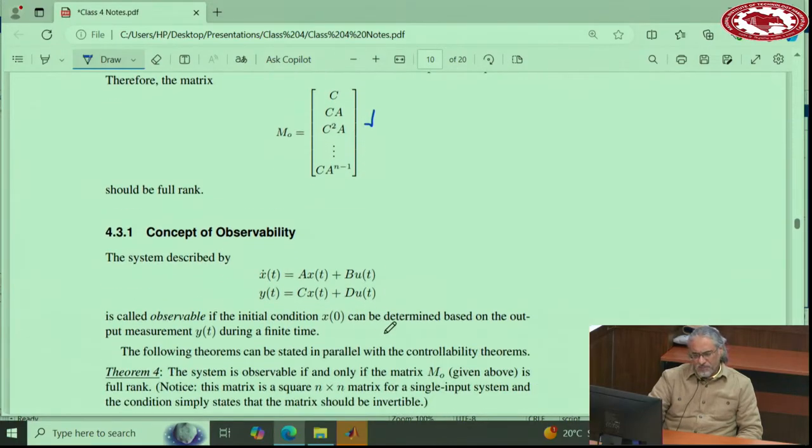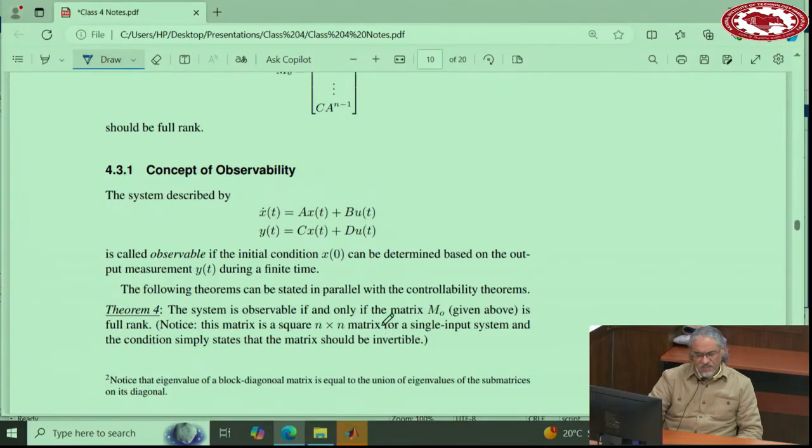Observability basically means that you can estimate the state from input and output, right? Mathematically, the definition is, we call this system observable if the initial condition x0 can be determined based on the output measurement during a finite time.